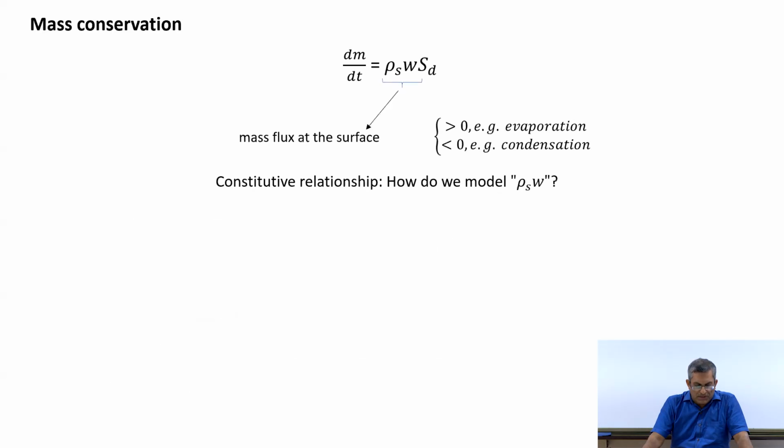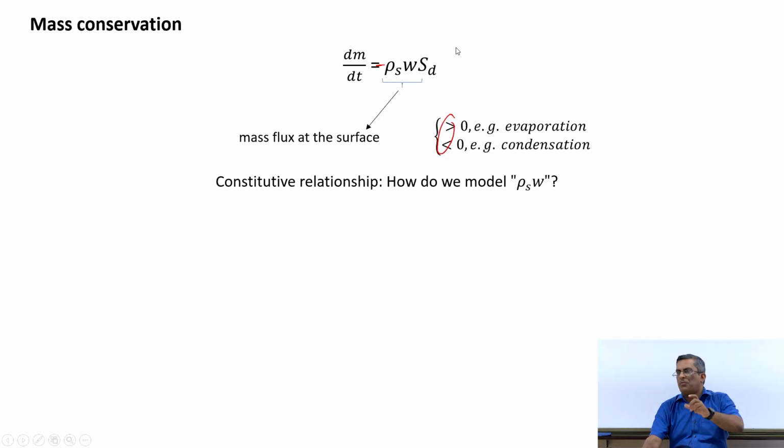So, first let us consider mass conservation again. As I just mentioned, this is the equation for the mass conservation. Though throughout our discussion I was referring to evaporation, this equation is not restricted to evaporation. That is what I want to highlight here. This will change sign if we have condensation or evaporation.